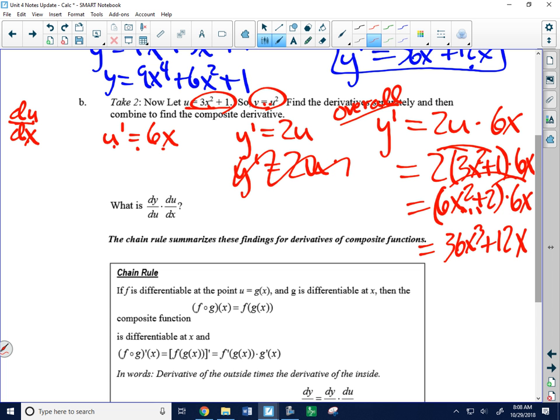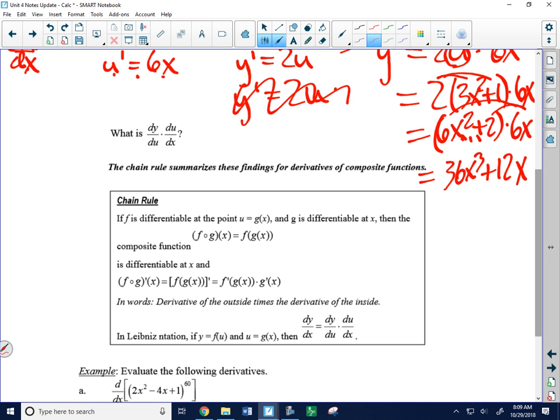Now this, part B, would be the only way we would do it in the future if the exponent was higher than 2. We wouldn't want to do it more times. So what this says is this one was the derivative of the outside function, and this was the inside function. You do each derivative, outside and inside, but you put the inside one back in once you've done the derivative.